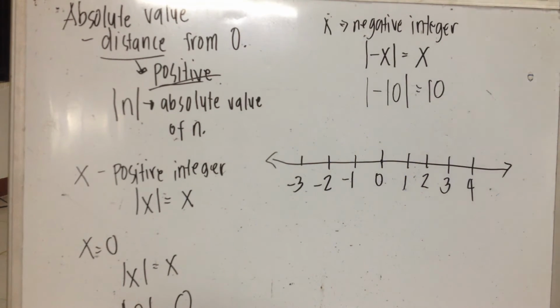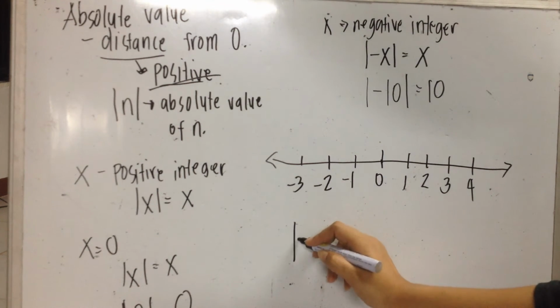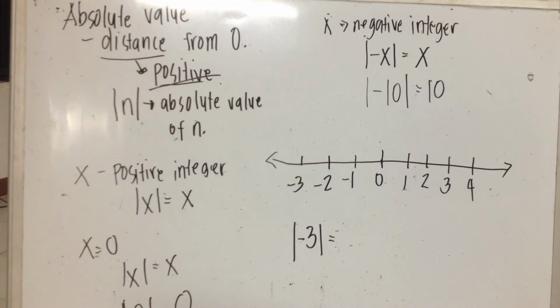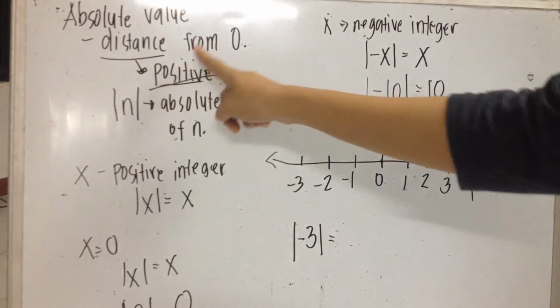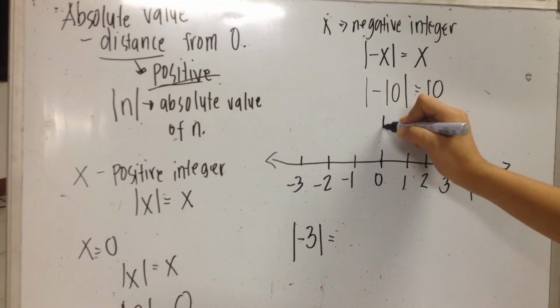So, how are we going to find the absolute value of a number? For example, absolute value of negative 3 using the number line. So, absolute value, it is the distance from 0. So, magsisimula tayo dito sa 0.